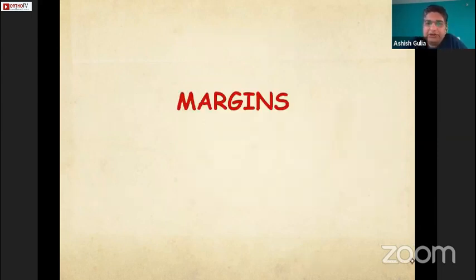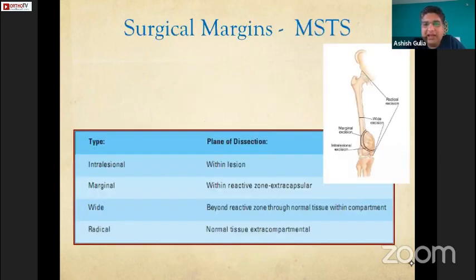When we talk about surgery, and I have been talking in the last few slides, always about good oncological margins and complete removal of the disease, it is customary to understand what sort of surgical margins there are. So again, Enneking and the Musculoskeletal Tumor Society defined these margins into 4 types. The first one is intralesional.